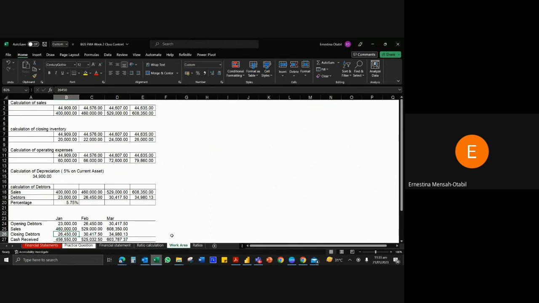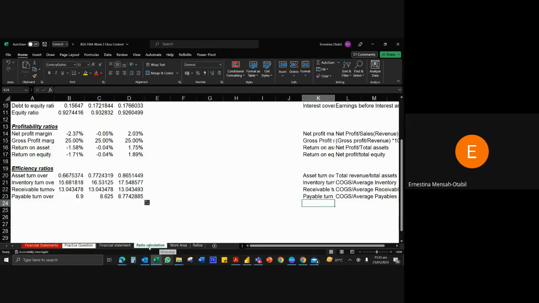The working capital turnover is used to know how the company is able to manage its working capital with the sales that the company has. So now let's calculate the working capital turnover.